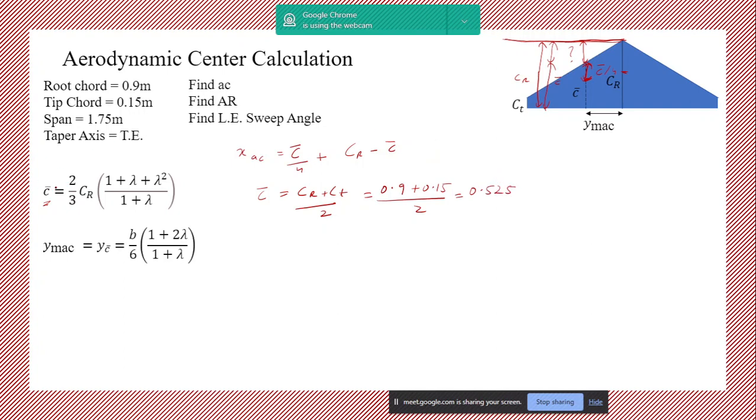Now let's calculate C bar from this formula. C bar is 2 by 3, CR is 0.9. What is the taper ratio here? Taper ratio is CT by CR. Okay. So let's just find that value. 0.15 divided by 0.9 is 0.1667.